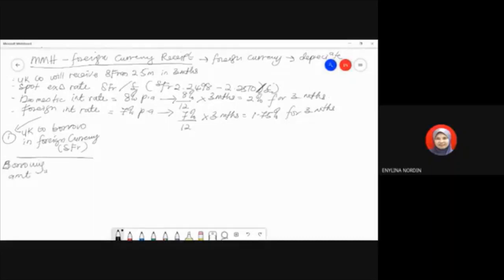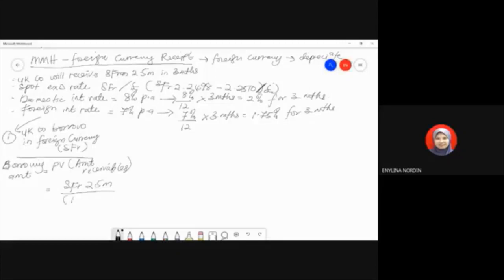The borrowing amount here is equal to the present value of the amounts receivable. The amount receivable is Swiss franc 2.5 million, but this is the future value. Now we want to discount it, that means we want to determine the present value of this 2.5 million, so you divide by 1 plus the interest rate.